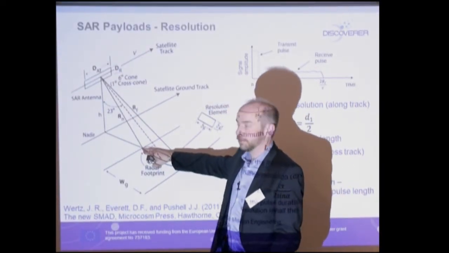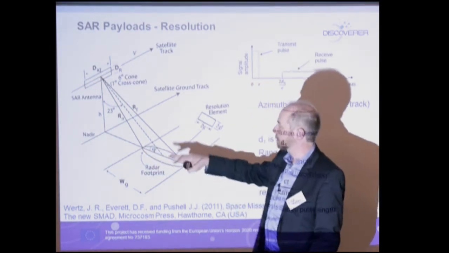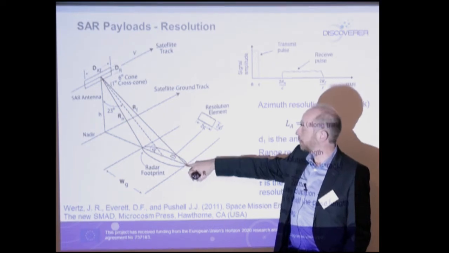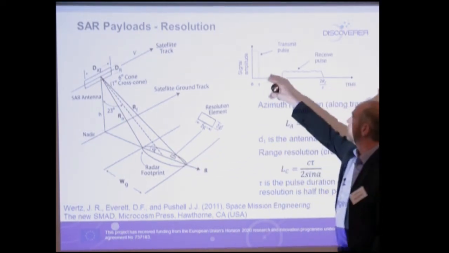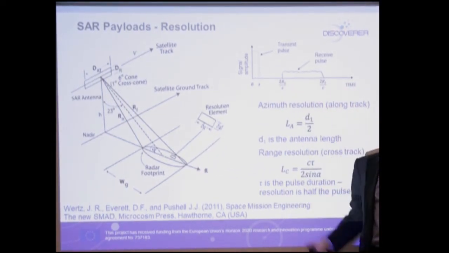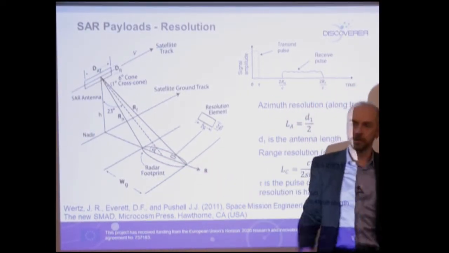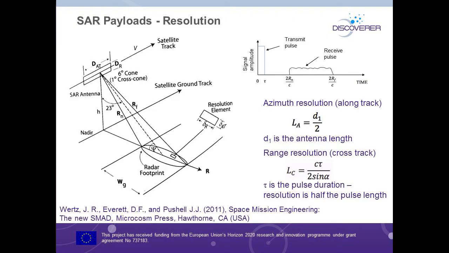You're then getting the return from the nearer part back up to the satellite, and at a later time, the part from the further part of that area. So you get a pulse and then a distributed return, which is telling you about different parts of this cross-section. And as the satellite moves along, you're synthesizing a larger aperture as well, which gives you the part which is horribly counterintuitive.